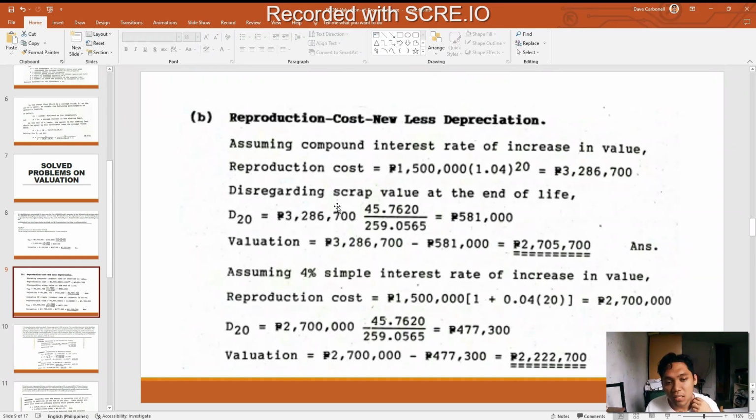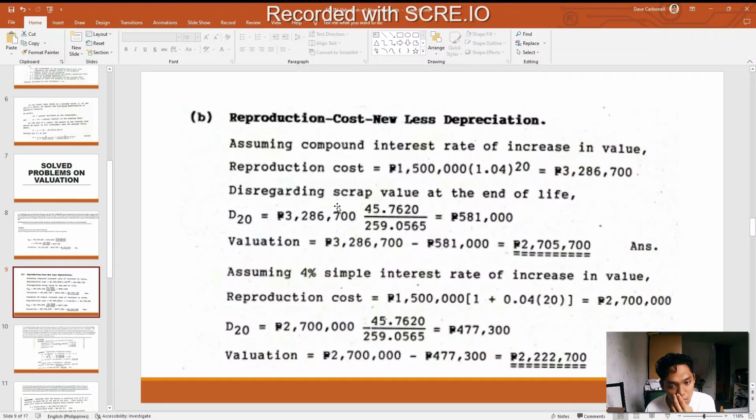So disregarding the scrap value at the end of the life, we now get the formula, kind of the same as the first method, but it differs in the arrangement of the values. So D20 is equal to 3,286,700 pesos, with the same functional notation, which is equal to 45.7620 over 259.0565, equal to 581,000 pesos.